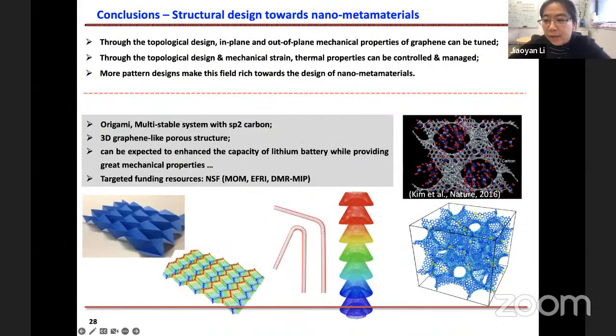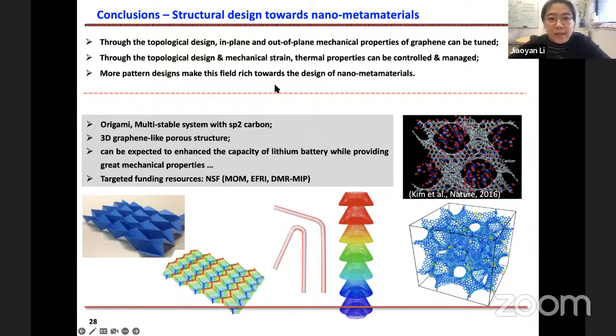And with that, I would like to close my talk today. As a quick conclusion, through the topological design, we can tune the in-plane and out-of-plane mechanical properties of the 2D material. Meanwhile, through the topological design, we can enhance the thermal property, and we can manage the heat flow and the direction of heat conduction.